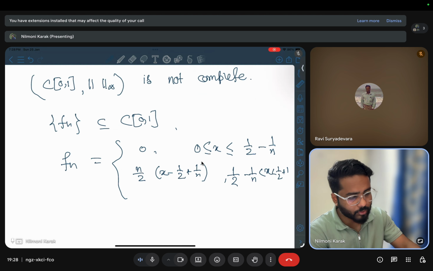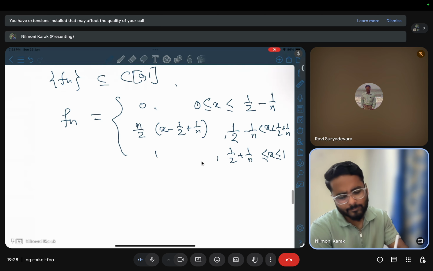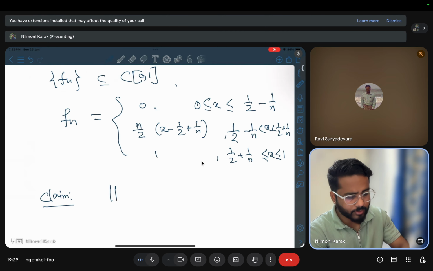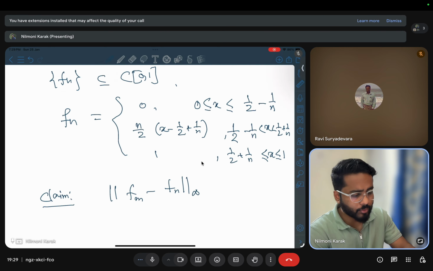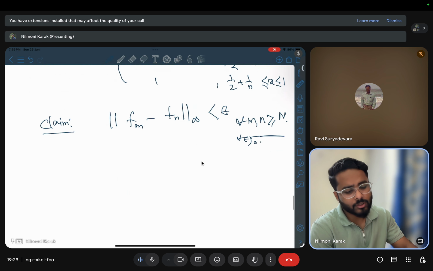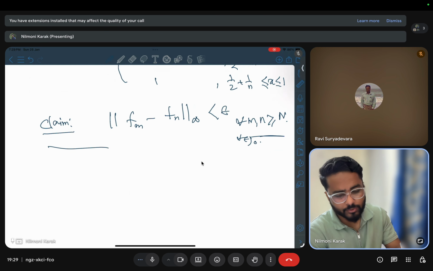I'm claiming that you can find that the norm of fm − fn under the subnorm is less than epsilon for all m, n ≥ N, and for every epsilon greater than 0. So this is Cauchy. You can check it.